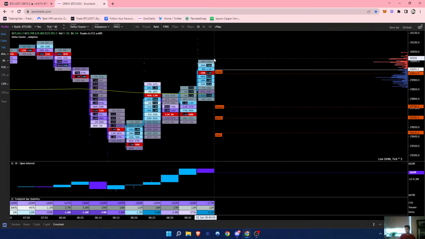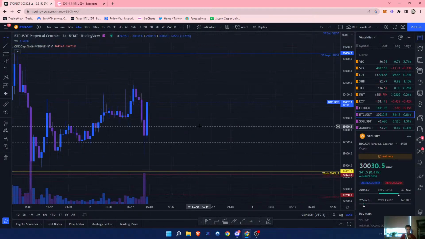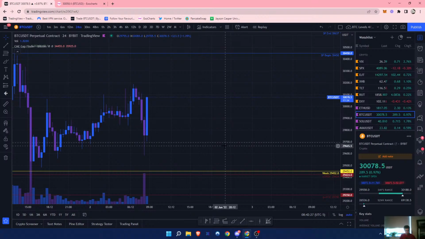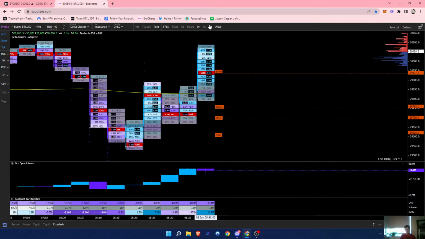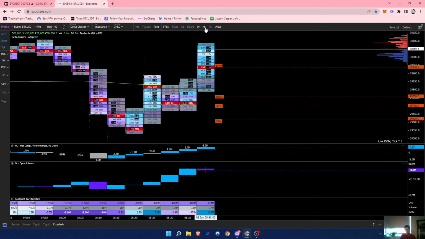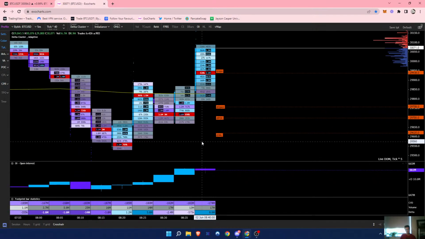See how it does that? It looks for liquidity. Mr. Market likes liquidity. It's like food. Feed the Mr. Market. But I'd say this is a stop loss hunt at the moment. OI is not really decreasing too much, though.